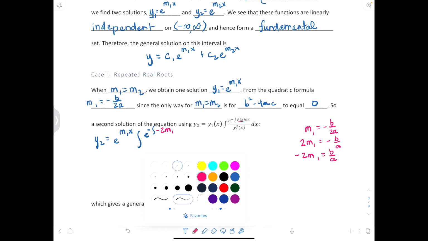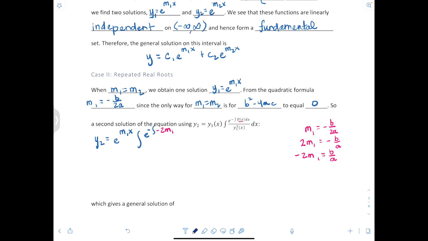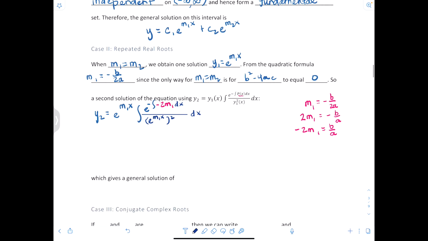All right, and then continuing, we're integrating this with respect to x. That's all over y1 at x squared, so e raised to the m1 times x, the quantity squared, and then we're integrating that whole thing. So continuing, y2 will equal e raised to the m1 at x, right?